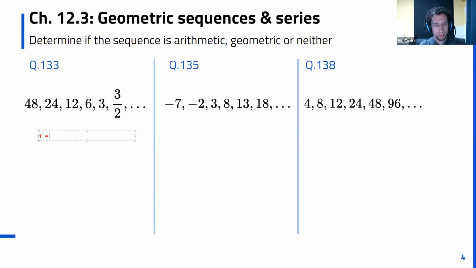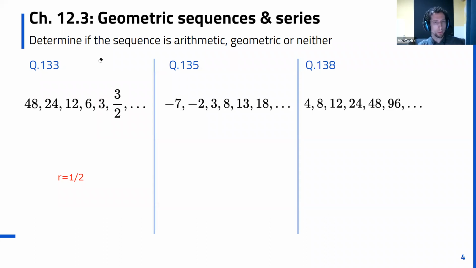So r equals 1/2. If we do have that common ratio, it's a geometric sequence.